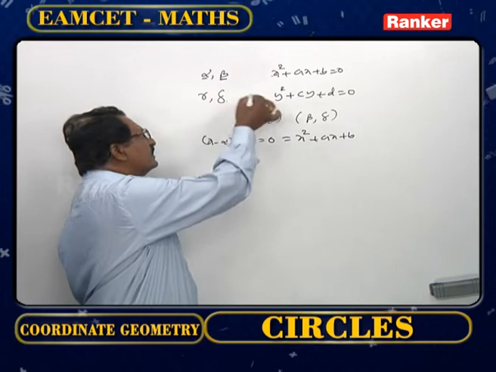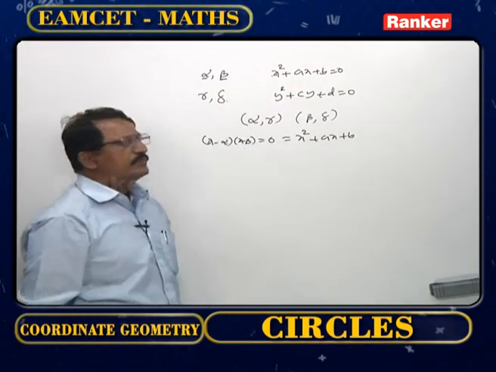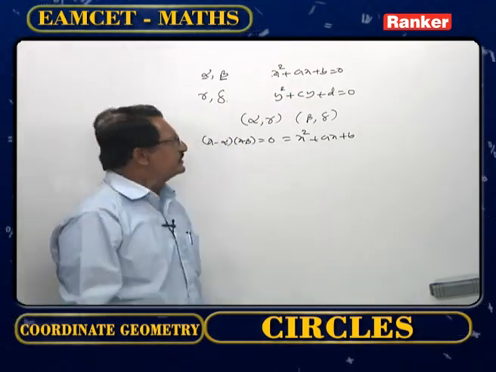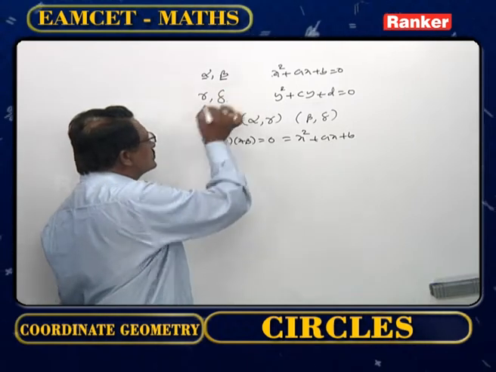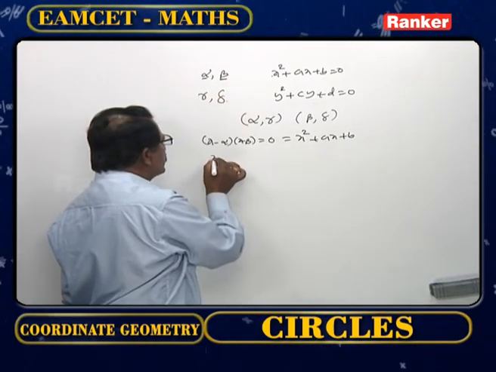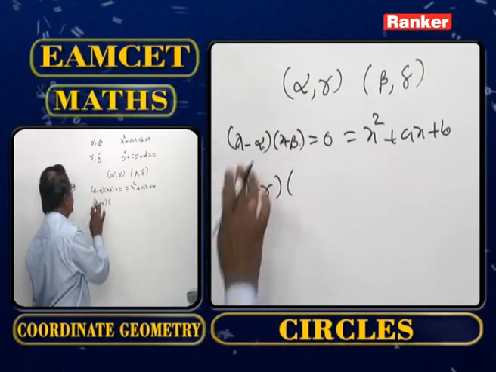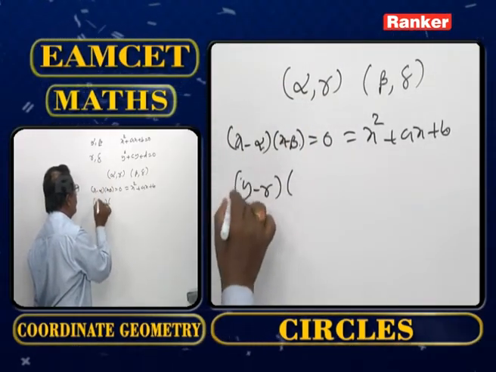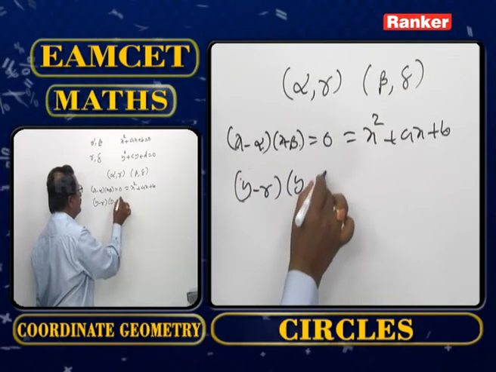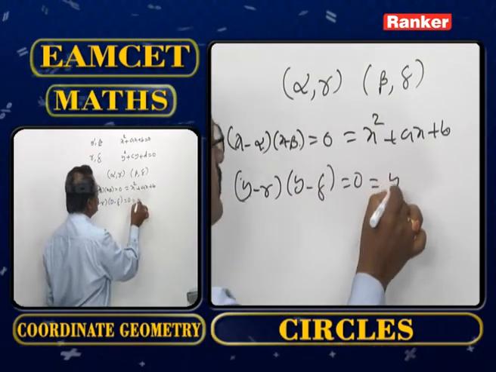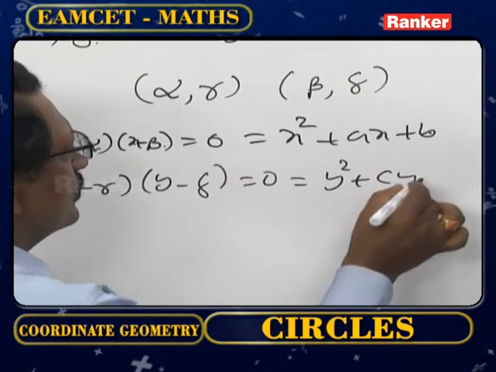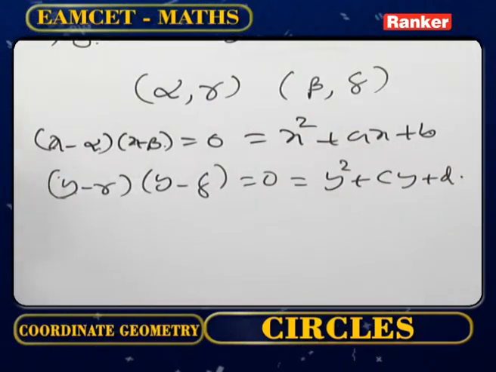Similarly, gamma, delta are roots of the equation y squared + cy + d = 0. Then the equation whose roots are gamma, delta, in terms of y, is (y - gamma)(y - delta) = 0, which equals y squared + cy + d.